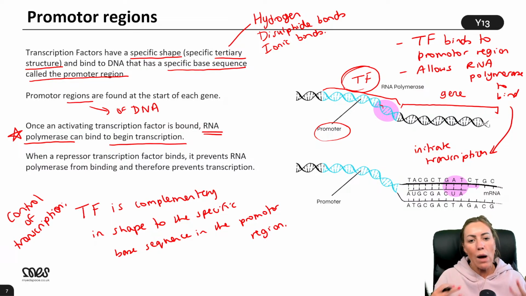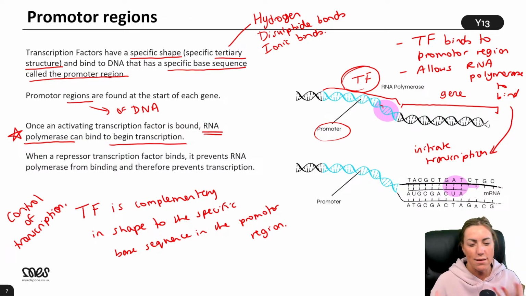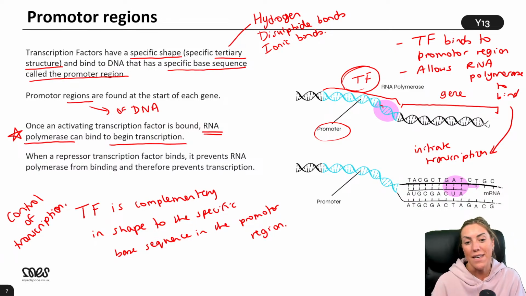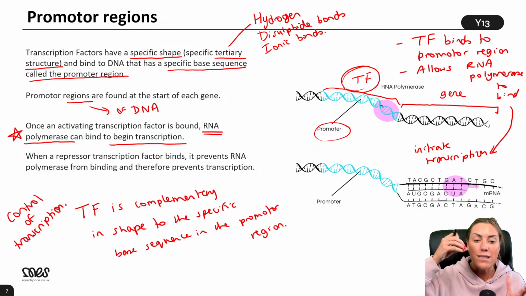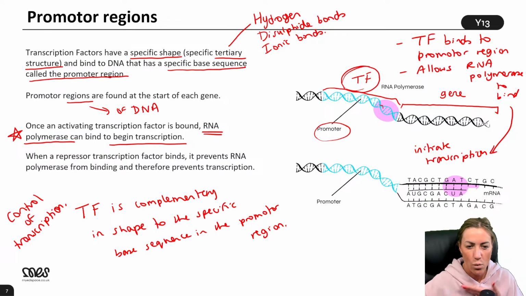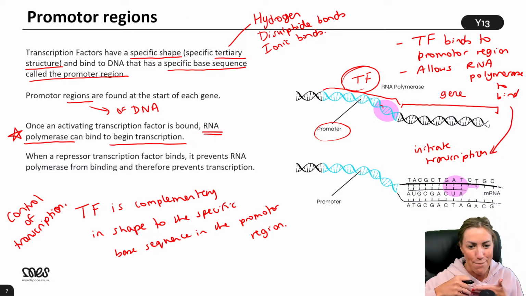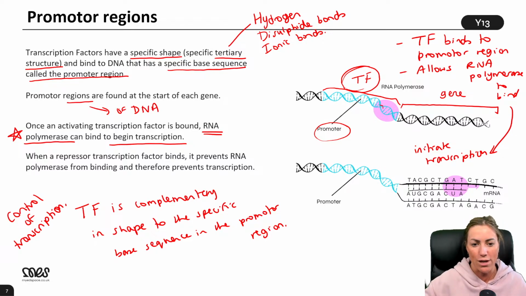What I want you to take away from this, obviously we're not going to be able to cover everything, is what you didn't learn in year 12: for transcription to occur, you need a transcription factor to bind first. The transcription factor binds to the promoter region, which is the start of the gene, then RNA polymerase can bind, then we initiate transcription.